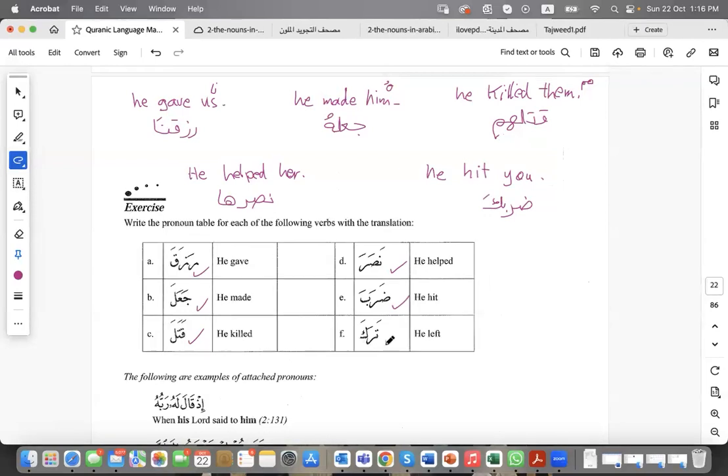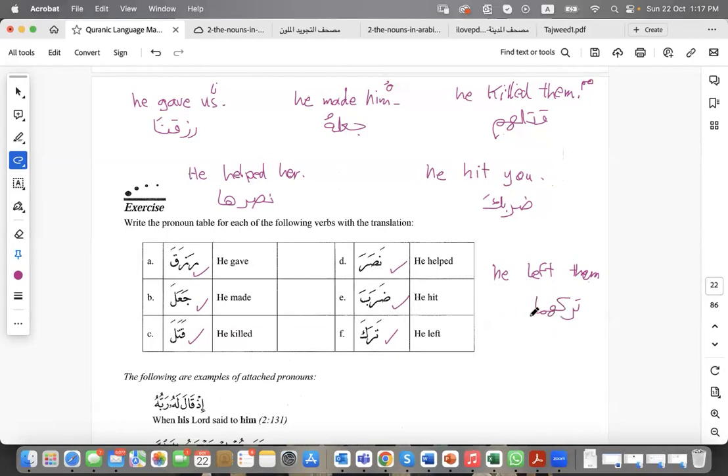Okay, ترك. If I would like to say he left, ترك means he left them, and them is referring to dual, so I would say ترك, and the ha mim, تركهما.